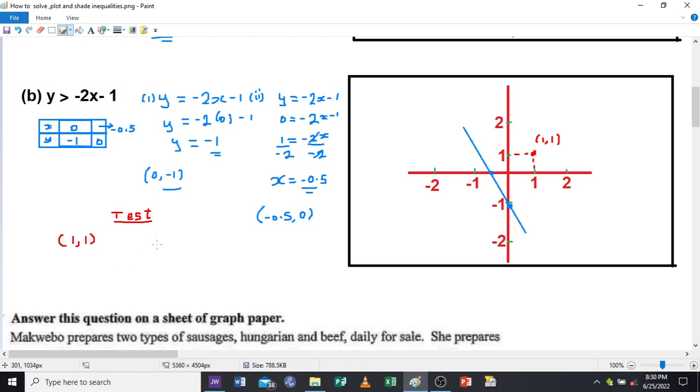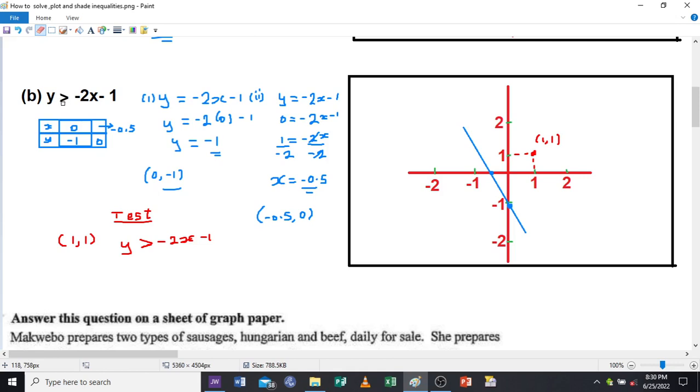The region depends on the statement that we are going to get after substituting this testing point in the inequality that we have. So we have y is greater than negative 2x minus 1, right? Now one more thing here, you look at the inequality we have is greater than, right?